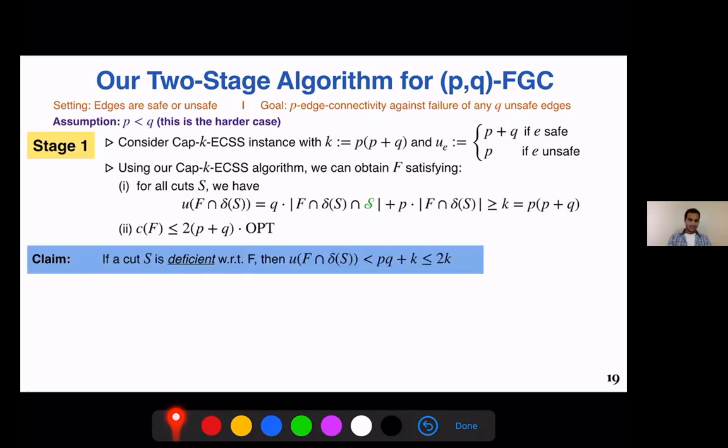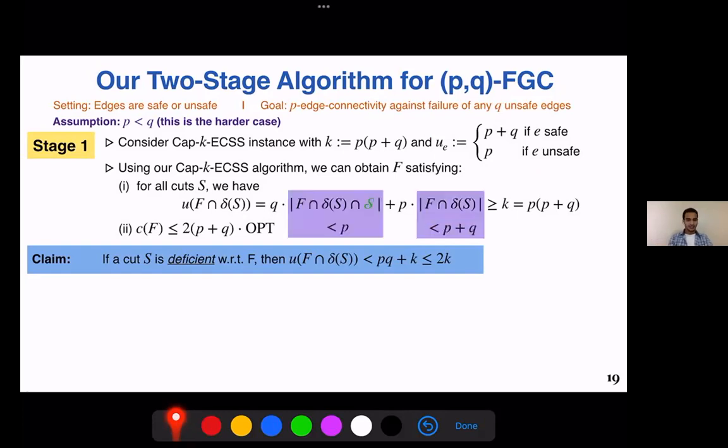Now, it might happen that the solution F is infeasible for P, Q FGC. So what causes infeasibility? Let's assume that there is a cut S which is deficient with respect to F. Then I claim that the capacity of that cut is at most 2K. So it is a near minimum cut in this capacitated graph. Why is this the case?